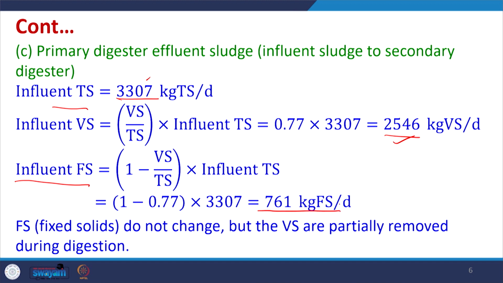Nothing will happen to the fixed solids, they will not change, but the volatile solids will be primarily removed during the digestion.